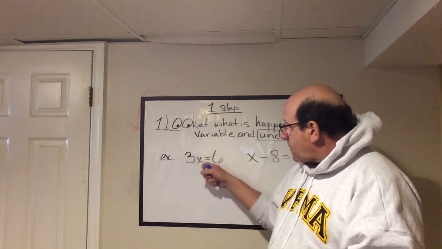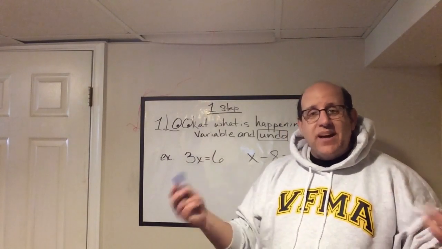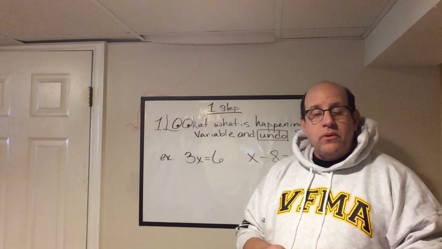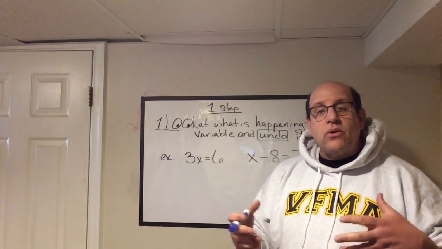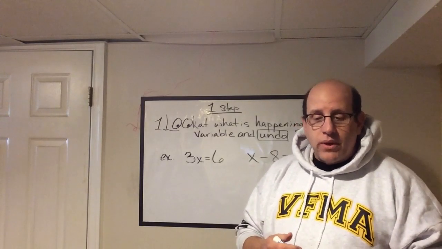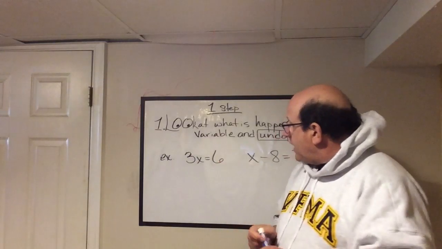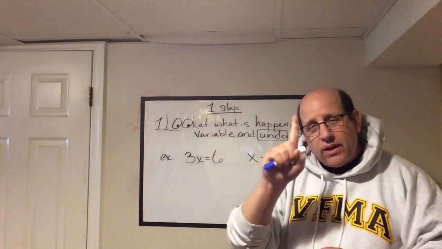So we look at what's happening to the x here, and any number in front of a variable means multiplication. And I think you guys already know that. And so we have to do the opposite. We have to undo what that is, so that we can go ahead and find the value of one single x, right?